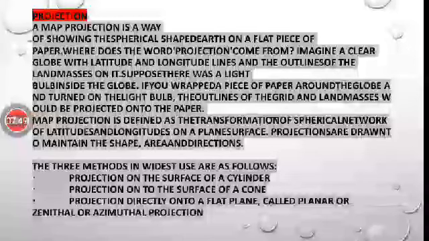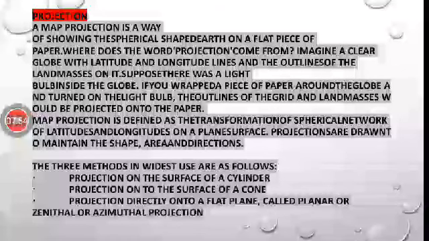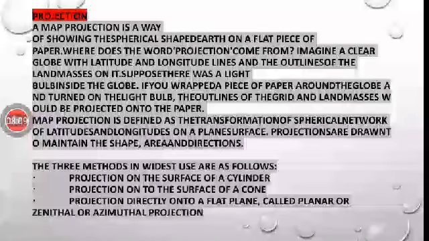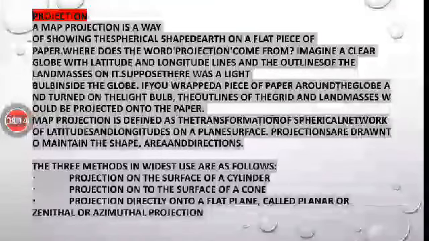If you wrap a piece of paper around the globe and turn on the light bulb, the outlines of the grid and landmasses would be projected onto the paper. Map projection is defined as the transformation of the spherical network of longitudes and latitudes onto a plane surface.